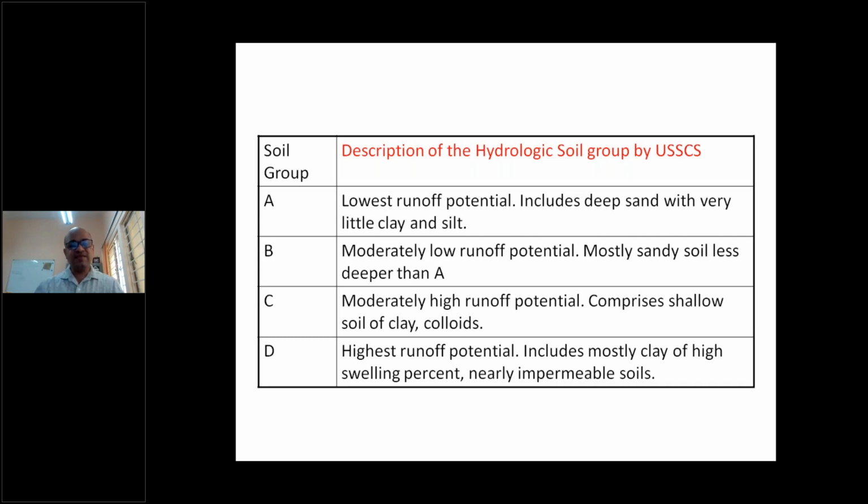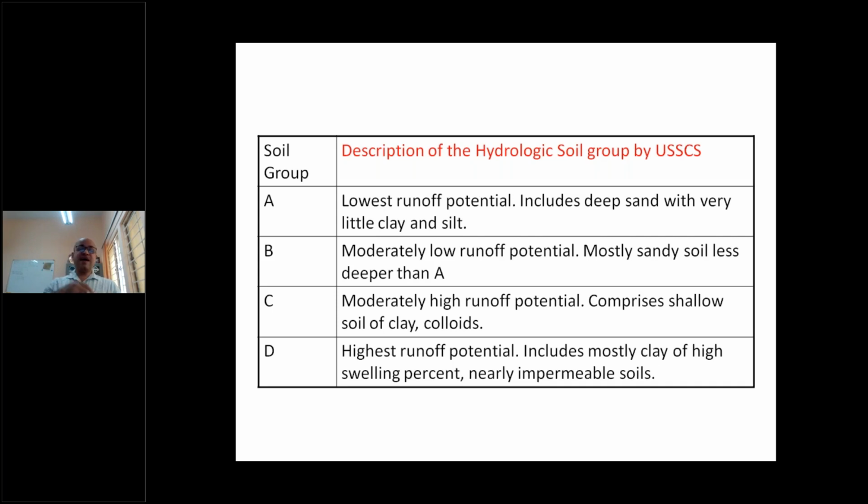Now to solve this, when we talk about soil, we are interested in the infiltration rate or infiltration capacity of the soil. So USDA has classified soil into four categories, A, B, C, D, where category A represents low runoff potential soil, meaning a soil with high infiltration rate, and category D represents highest runoff potential soil, where you have very low infiltration rate.